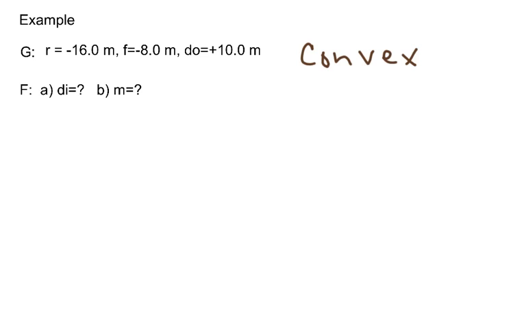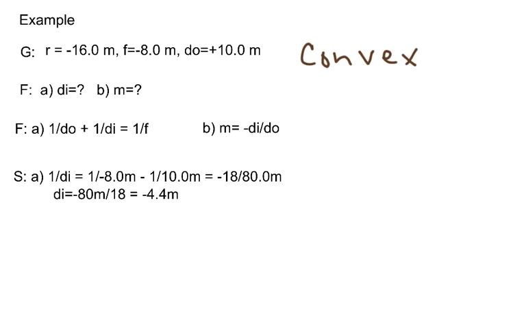So what I would like you to find is what is the distance of the image, or where does the image form, and what is the magnification or the size of the image. So we will be using the mirror equation for part A to find d sub I, and we will be using the magnification equation for part B.